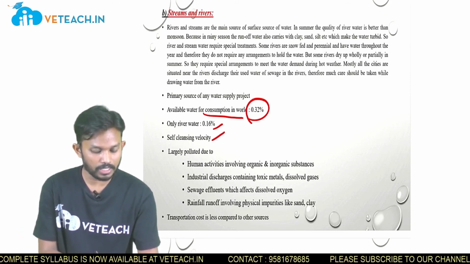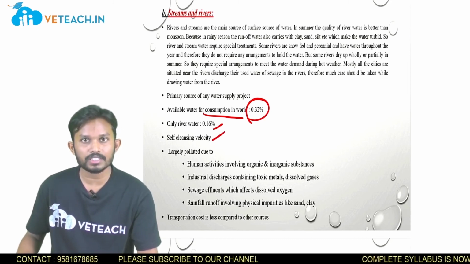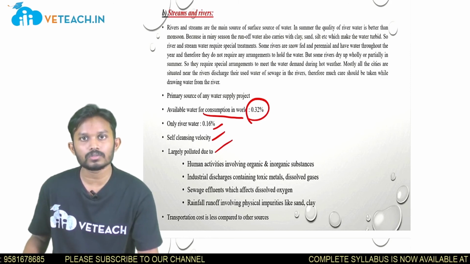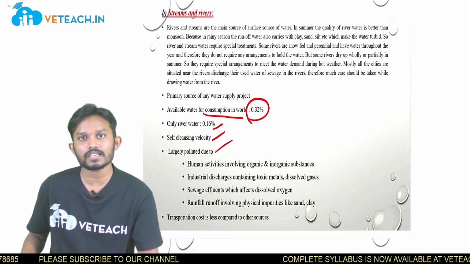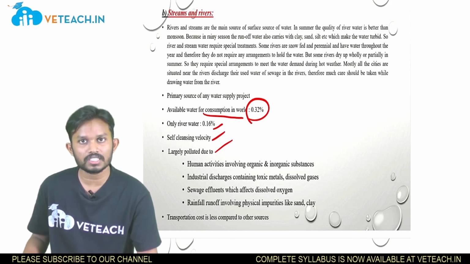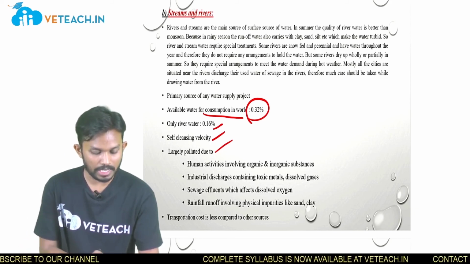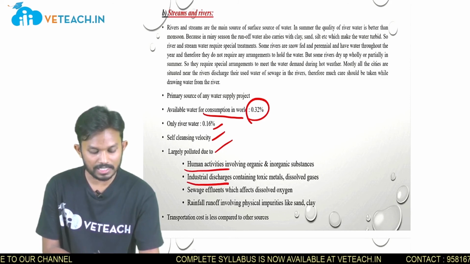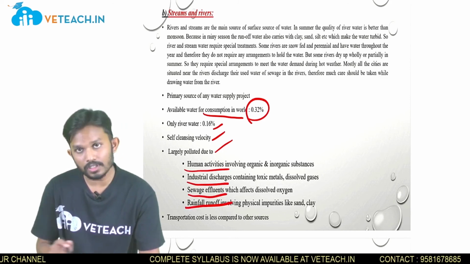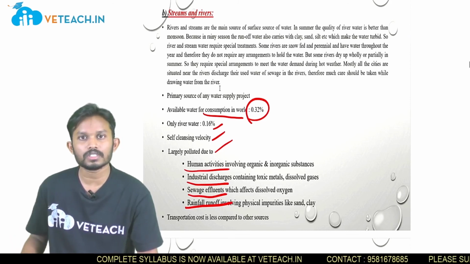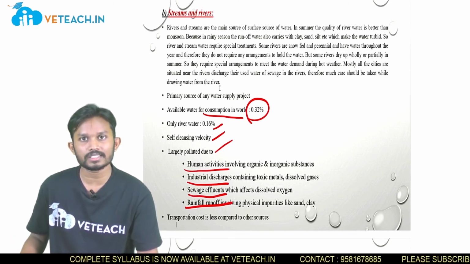So self-cleansing velocity can happen in these sources, but if they are disturbed, with human activity or industrial activity happening in the surroundings, we can expect some pollution, such as human activities, industrial discharges, sewage effluents and rainfall runoff. Rainfall runoff can pollute the water by picking up minerals or pollutants in the soil.